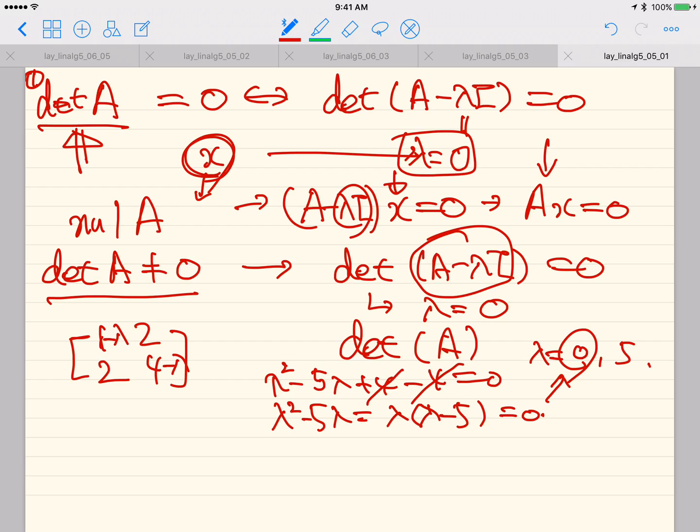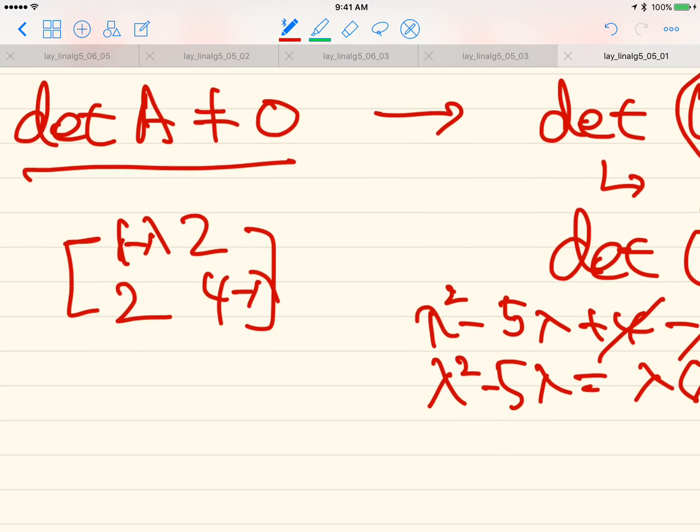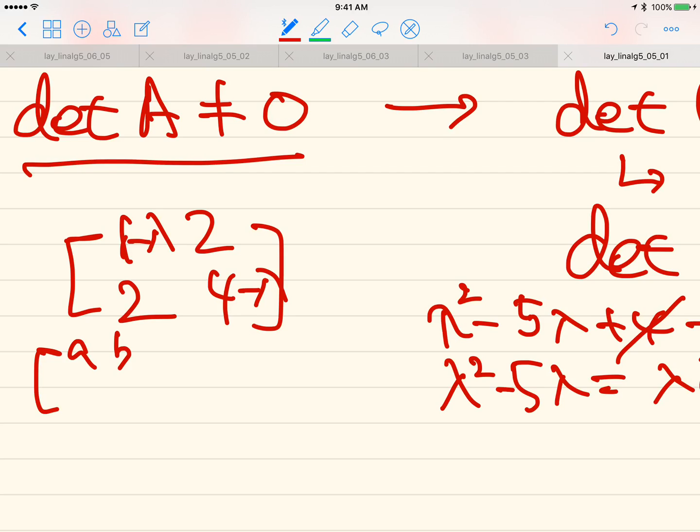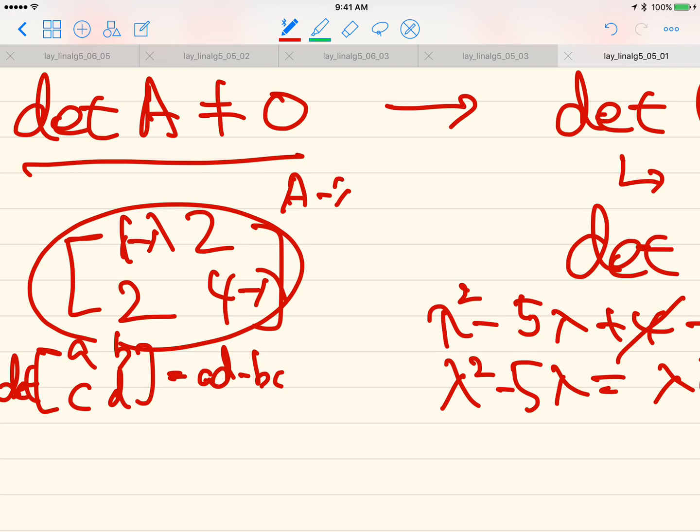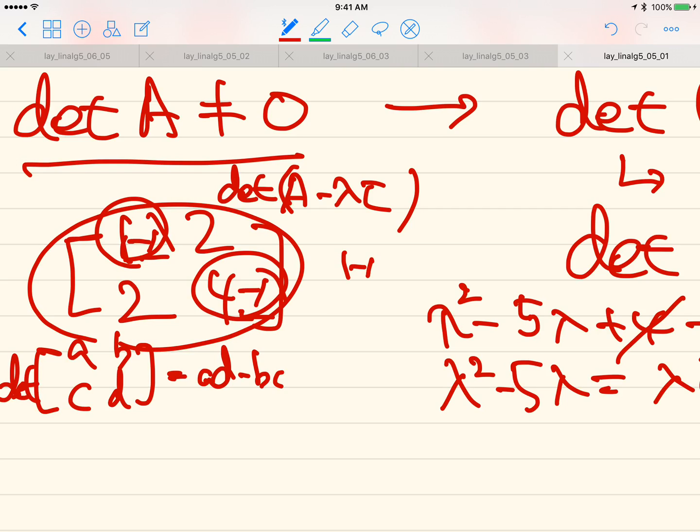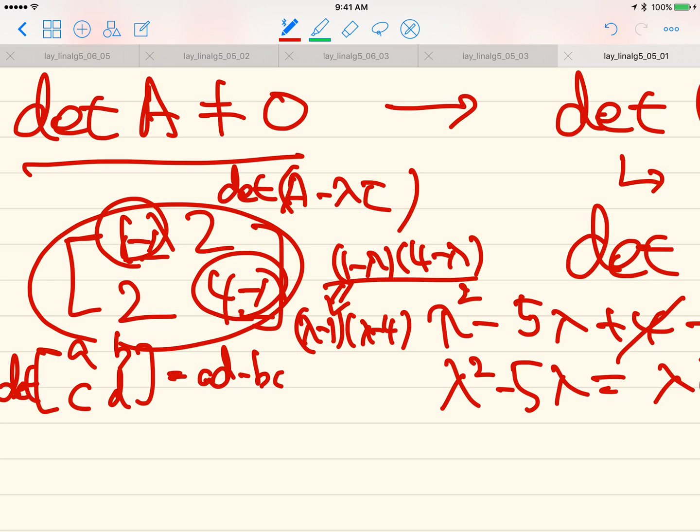I forgot this from high school. So in the case of the matrix A, B, C, D, the determinant of it is AD minus BC, right? And this is A minus lambda I, because I just subtracted lambda along the diagonal, and then we have to compute the determinant. This times this gives 1 minus lambda times 4 minus lambda, which is lambda squared minus 5 lambda, because in the simpler form it's lambda minus 1 and lambda minus 4, right?